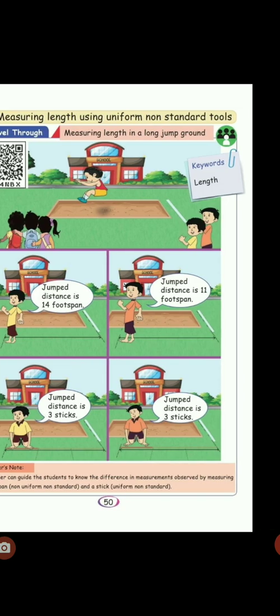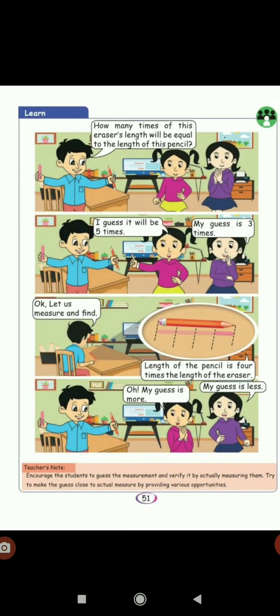Next, page number 51. Let's learn how to measure things using other uniform non-standard tools. For example, the boy is asking how many times the length of this eraser will be equal to the length of this pencil.